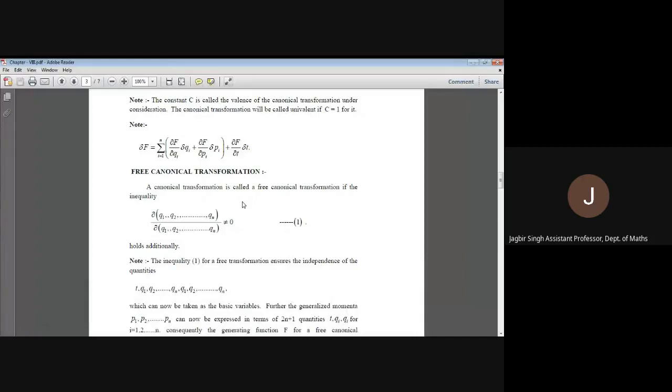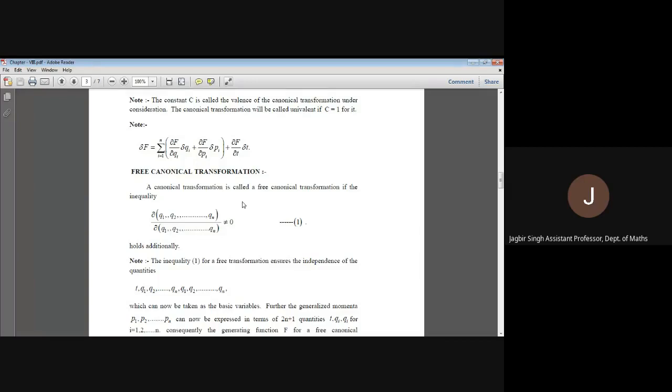Okay, free canonical transformation. A transformation is said to be free if the Jacobian of q̃1, q̃2, q̃n with respect to q1, q2, qn is non-zero. The transformation is canonical, all other conditions hold, and one more condition in addition, that the Jacobian of q̃1, q̃2, q̃n with respect to q1, q2, qn is non-zero.